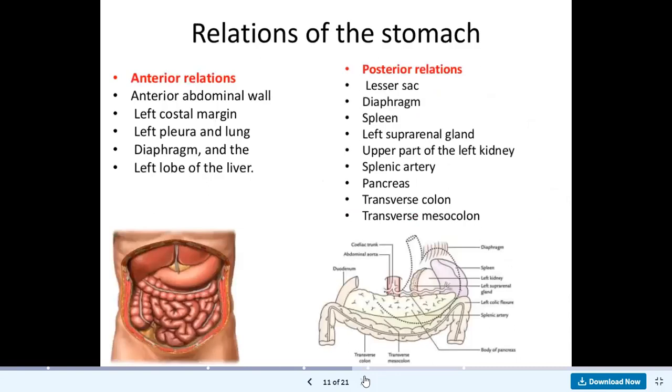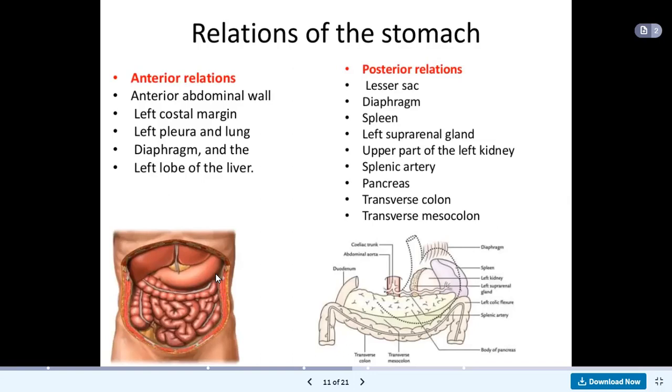Relations of the stomach. This we'll do when we are talking about the anatomy of the stomach proper, but let's just mention it. So the stomach has anterior relations and posterior relations. The anterior relations will have the anterior abdominal wall, which has been removed in the diagram. You can't see it. You have the left costal margin, it's somewhere here.